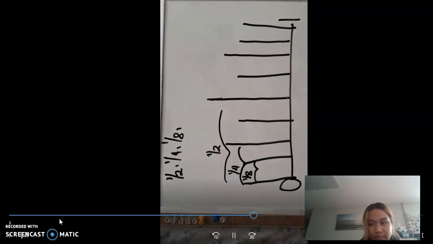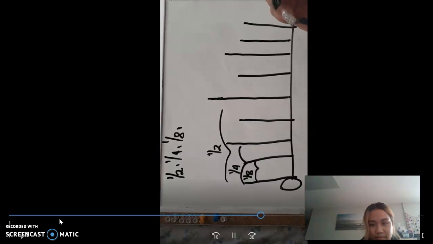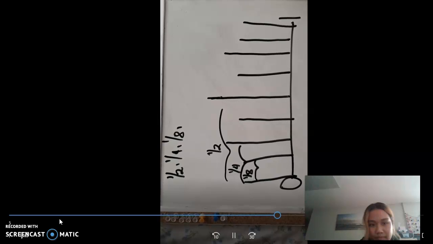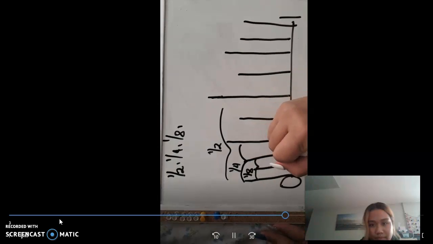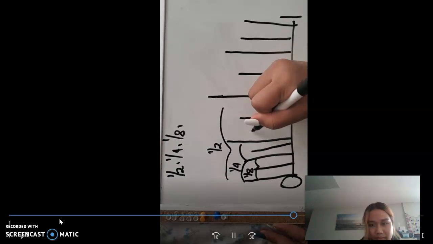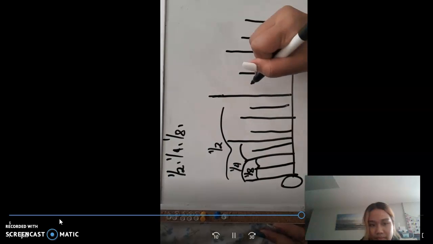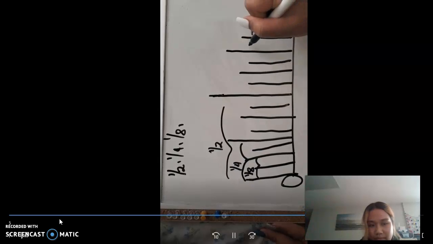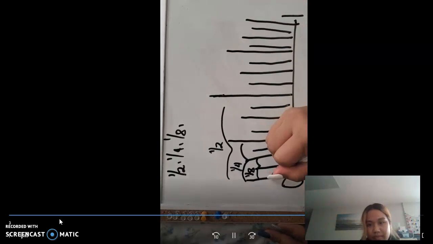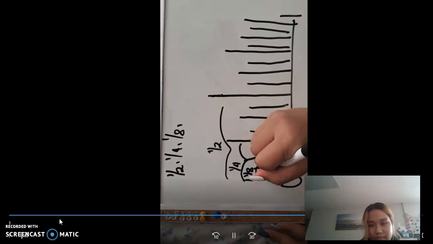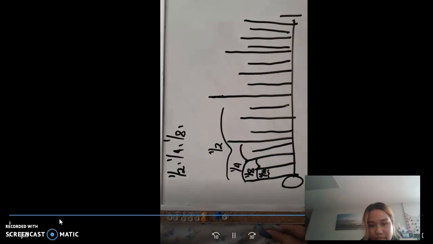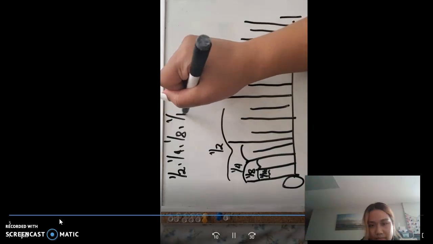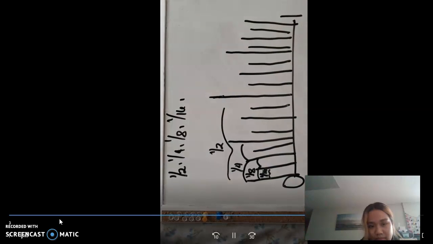Okay, next is our 1/16. To get 1/16 of an inch on our ruler, let's divide our 1/8 into 2 again. Now these areas give us 1/16 of an inch on our ruler. To get 1/32 of an inch, let's divide our 1/16 into 2.